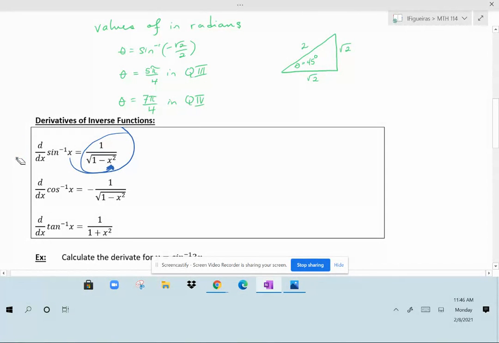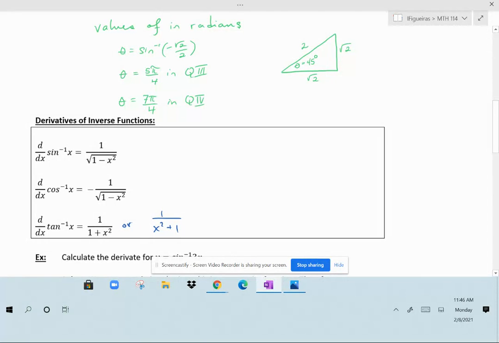For cosine inverse, the derivative is negative 1 over square root of 1 minus x squared. So it looks really similar to this one, except cosine inverse has a negative. And for tan inverse, the derivative is 1 over 1 plus x squared. Or because addition is commutative, sometimes it's written like this, you get the same result.